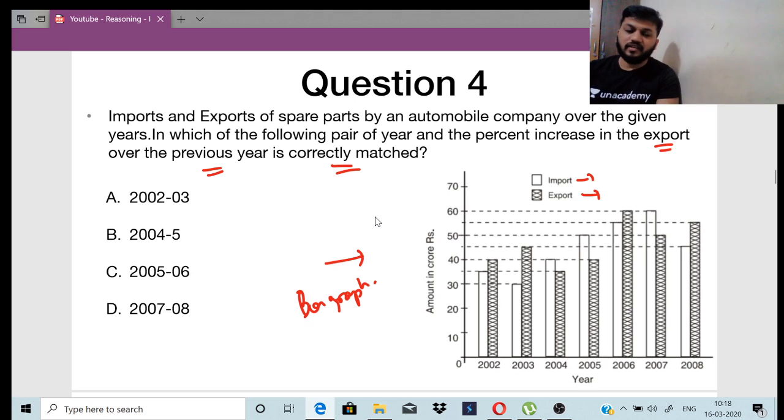You have to find out everything, but only go with the options. चार options दिया है. So 2002 and 2003, 4 and 5, 5 and 6, 7 and 8. Tell me which ones have the same amount of exports.